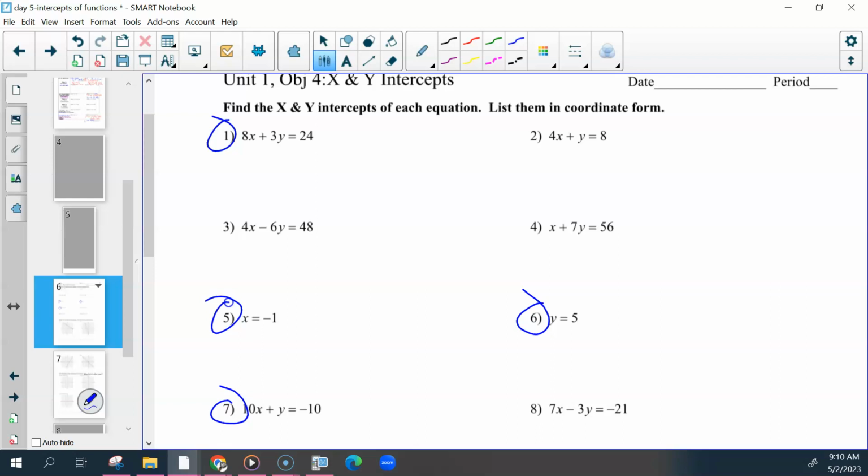So 1, I'm going to show you all the work. 7, I'm going to show less work.